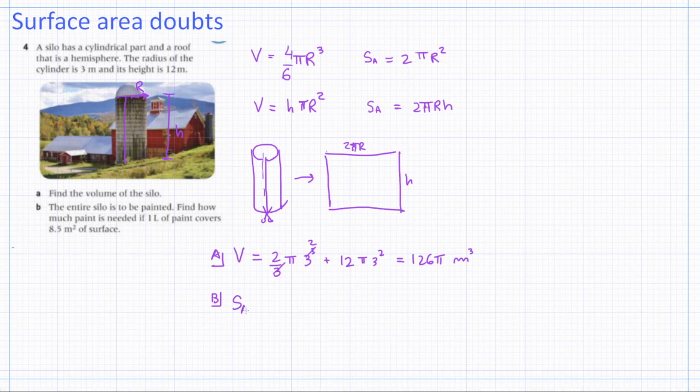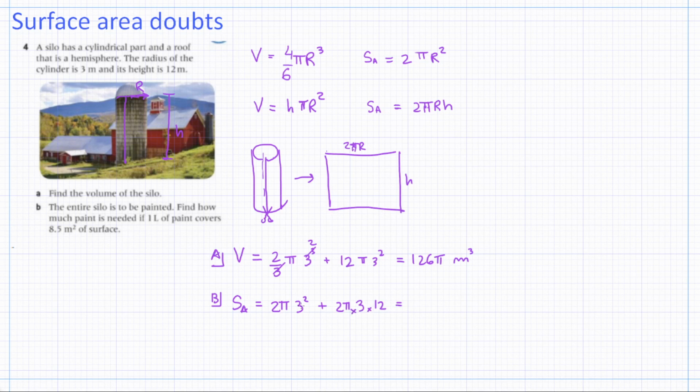So the surface area will be 2 pi r squared, so 3 squared, plus 2 pi r, which is 3, and h, which is 12.